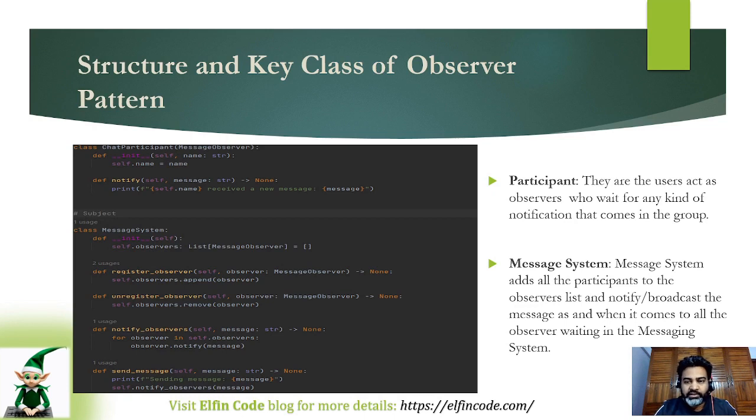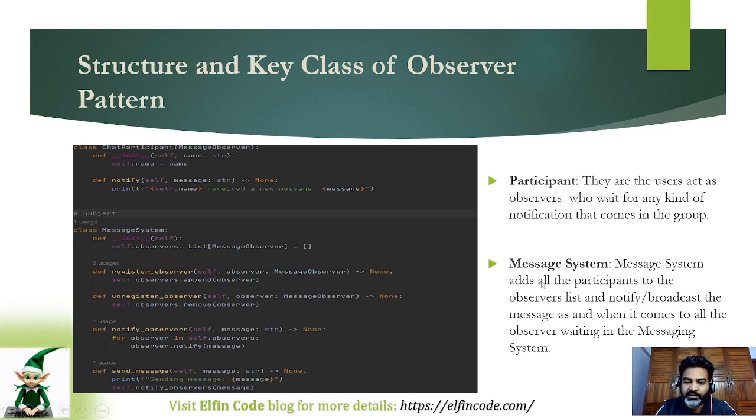Now, what is the structure of this observer pattern? For this, I have taken an example where I'm trying to create a chat application. In the chat application, we have two different components. One is the participant, those who are participating in a group chat, and the core component is the message system.